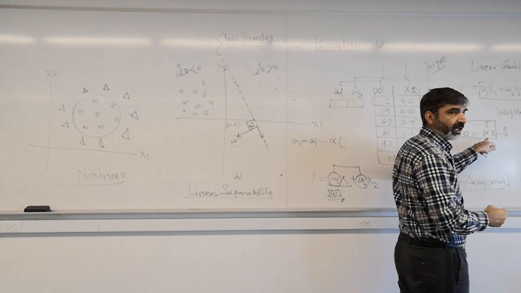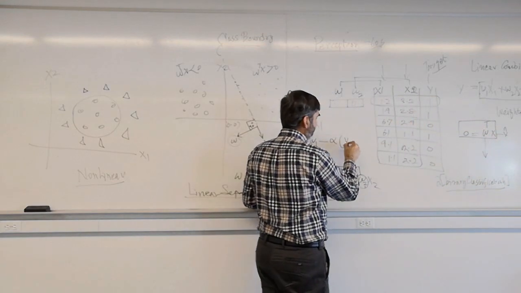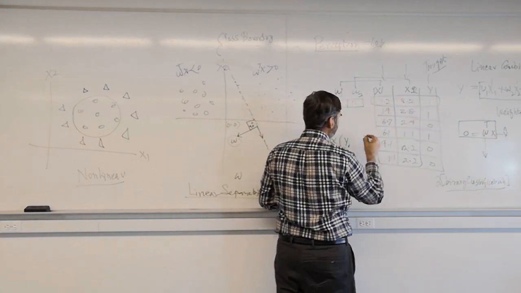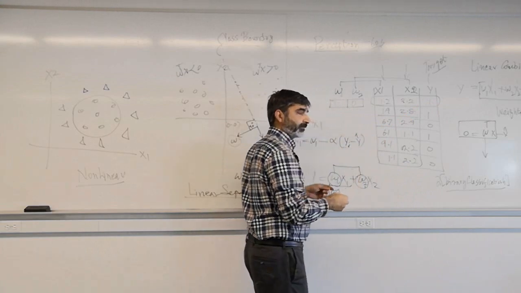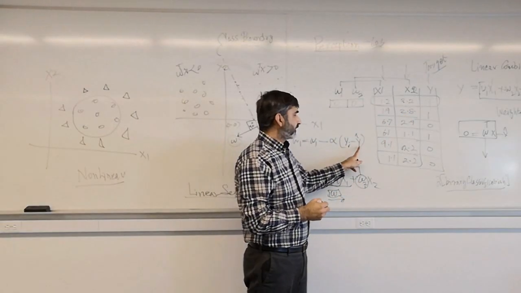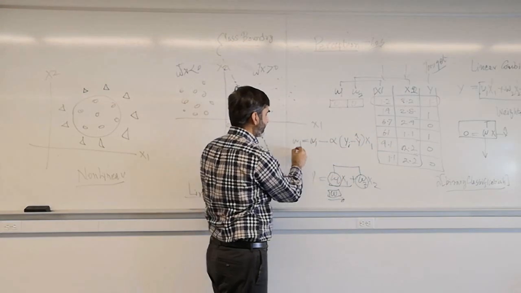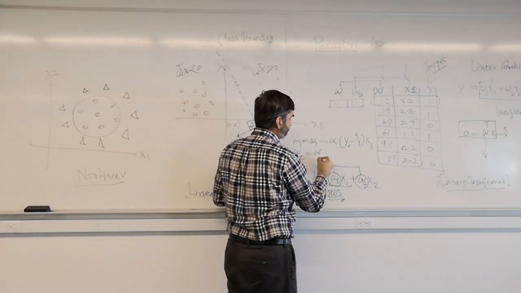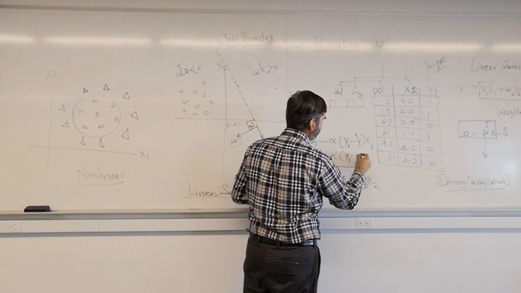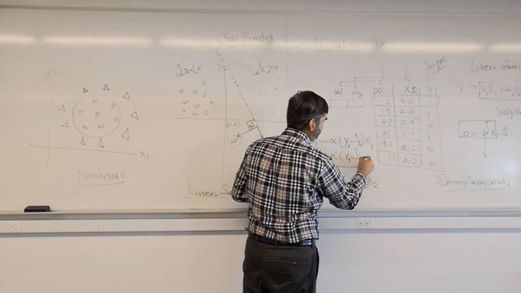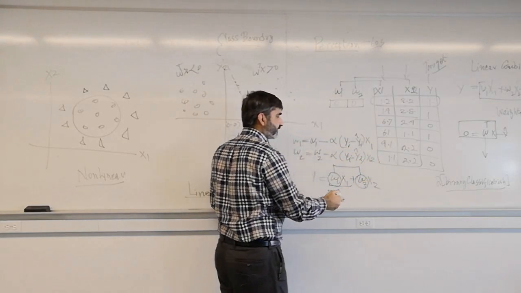The estimate of y. Y actual value, ith value, minus y hat, multiplied by x1. And W2 will be W2 minus alpha times yi minus y hat of the ith example, multiplied by x2.